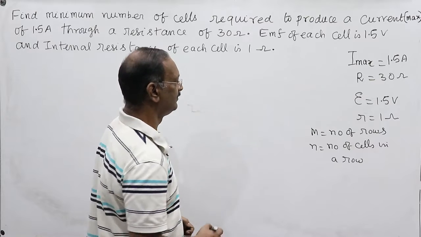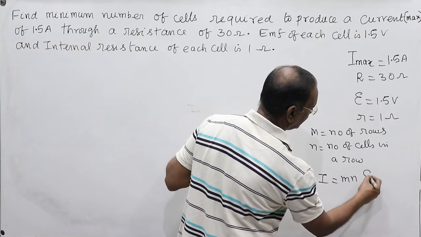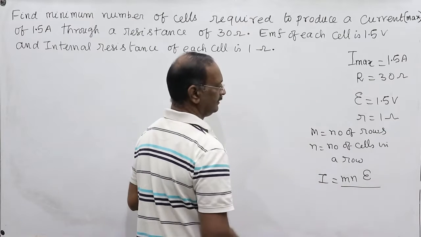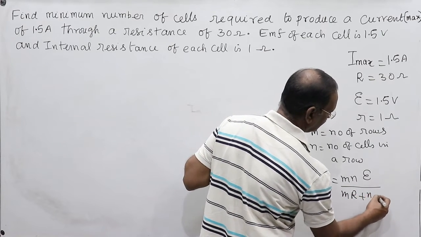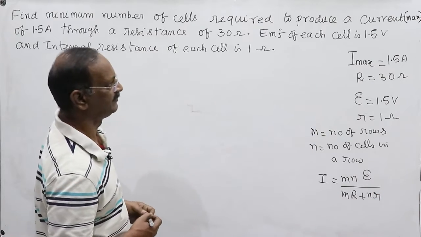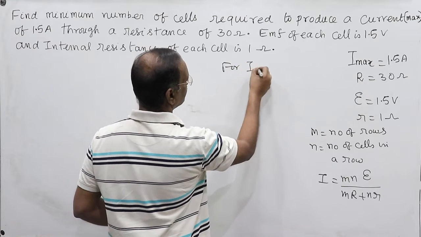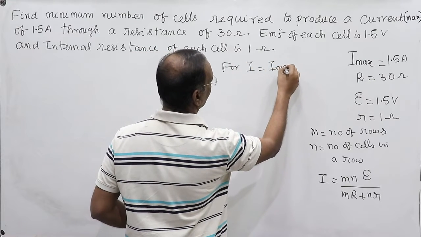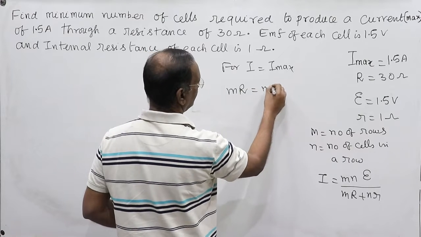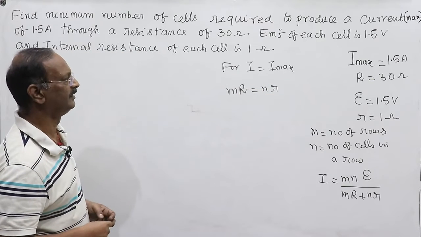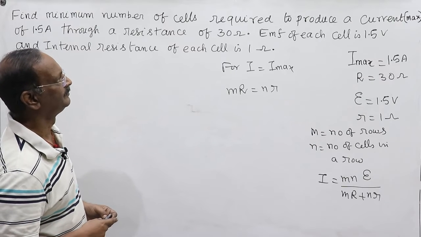According to the condition, the current can be given as I equal to m n epsilon divided by m r plus n r. This is the general expression for the current. For maximum current, the condition is m r equals n r. We have already proved this in the previous videos.